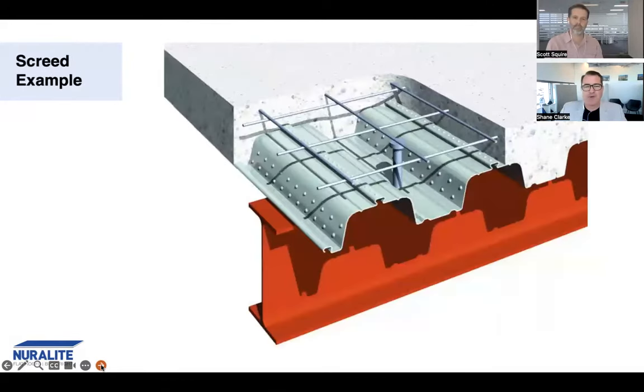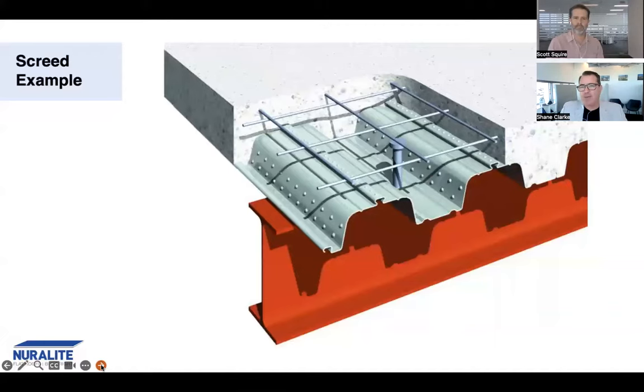I've just got a quick example here of where we were asked to see if we could offer some cost savings on a building that was during construction. It was a commercial build out at the airport. They'd run into some massive cost oversights that they hadn't picked up on the roof. They asked us if we could offer any cost savings.